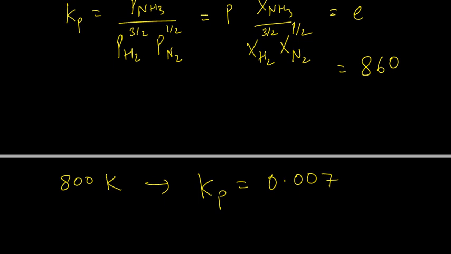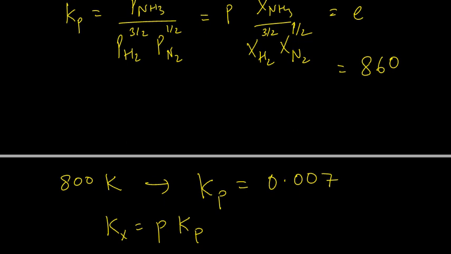What's interesting to note is that Kx is equal to P times Kp. Kp does not have a pressure dependence again, but Kx does. And from this example, you will really see how it does. So if I am doing it at 1 bar, then Kx is equal to Kp. Okay.